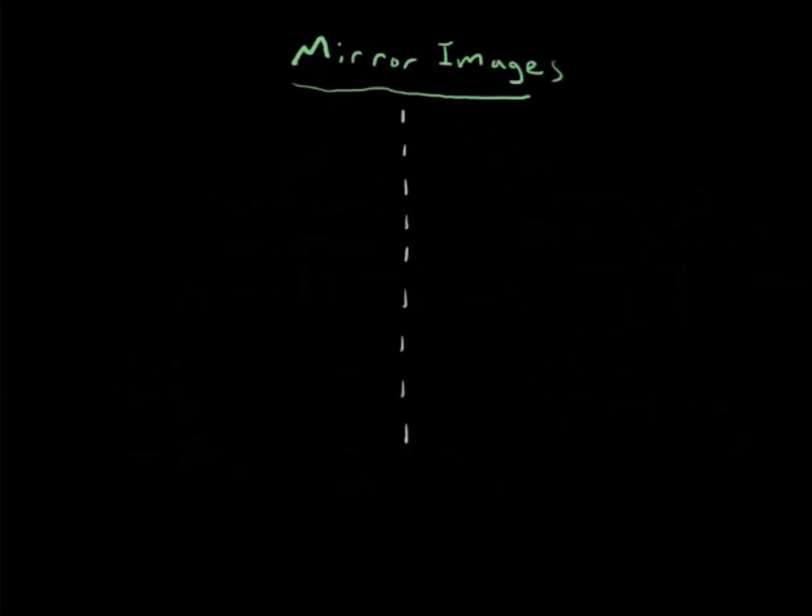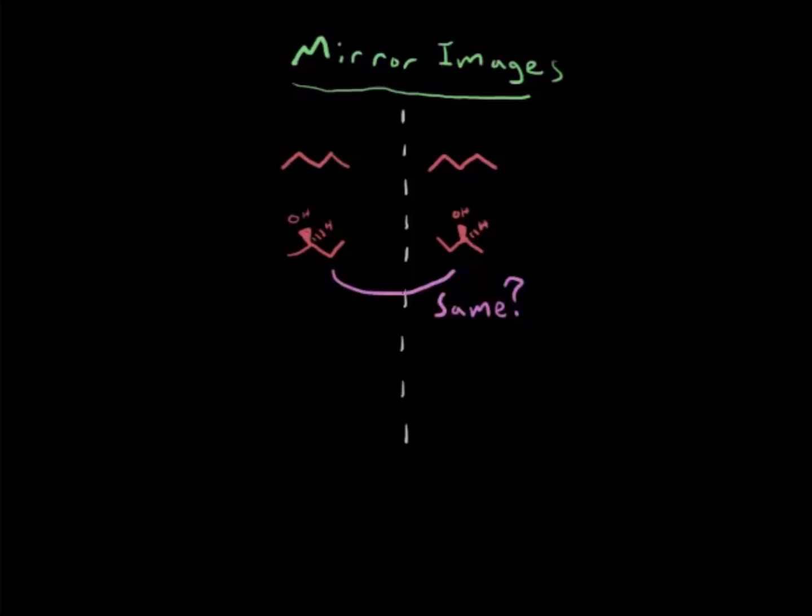Let's look at some examples. So we can draw a molecule and its mirror image. Right here, here's pentane, looks pretty much the same. Let's look at something else with a functional group right here. Let's add some 3D arrangements to this. So we have 2-butanol here and its mirror image. Notice on the left, the hydroxyl is on the left, and on the right, it's on the right, because we're looking in a mirror. They look pretty similar. But we can flip this over.